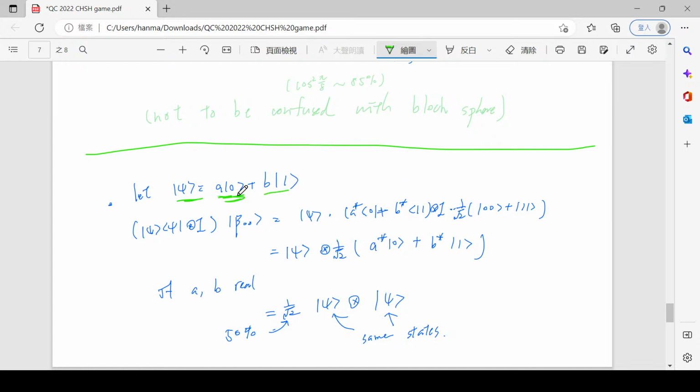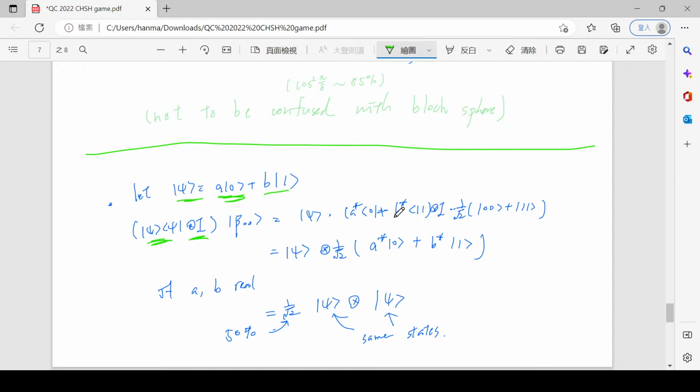Let's see what happens when Alice projects her part onto psi. Alice applies this projector on her part, and nothing happens on Bob's part, so we tensor it with the identity. Then we apply this on our EPR pair, beta 00.